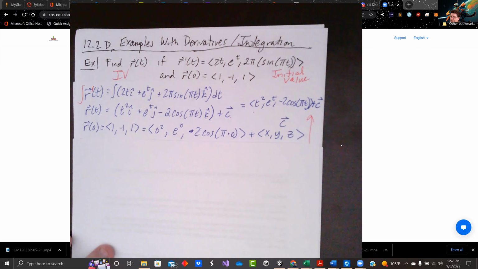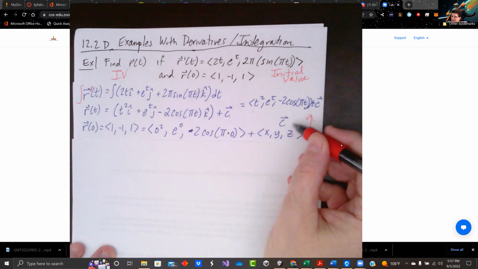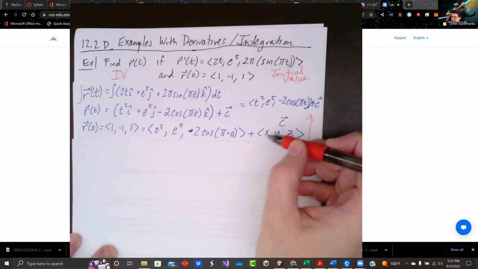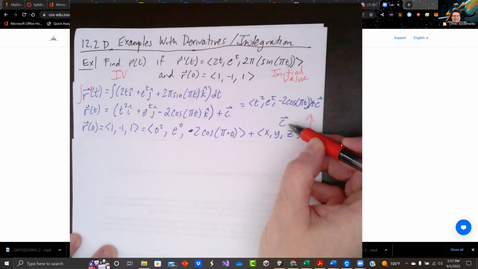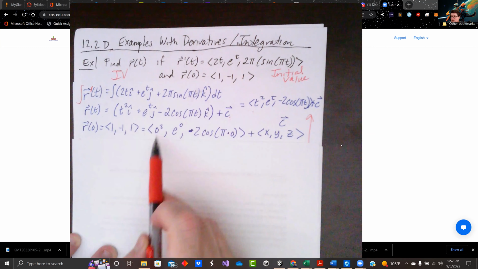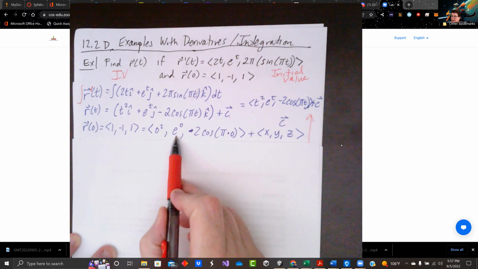If I use the initial values, r of 0 equals <1, -1, 1>, I can figure out what C is. I wrote X, Y, Z here. I don't need to. I was just reminding you we're doing each component individually. I'm going to leave it as C. In later steps, we're evaluating at t equals 0. So t squared becomes 0 squared. E to the 0 is 1.